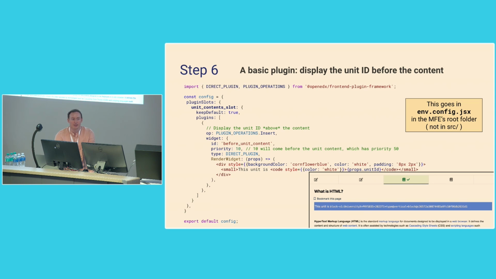So it's not just for one thing. If you have some repeating pattern in your MFE, you can turn that component into a slot, and everywhere the plugin slot appears, the same plugins will appear. Also, plugins can themselves contain slots, and you can have plugins all the way down if you want to.